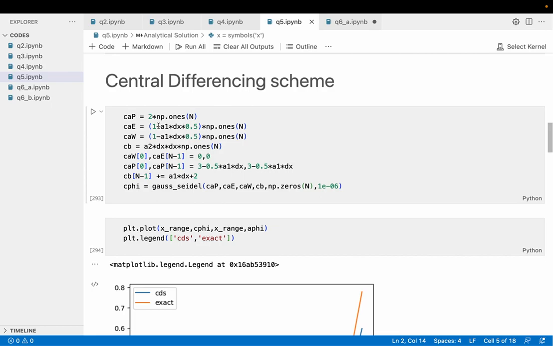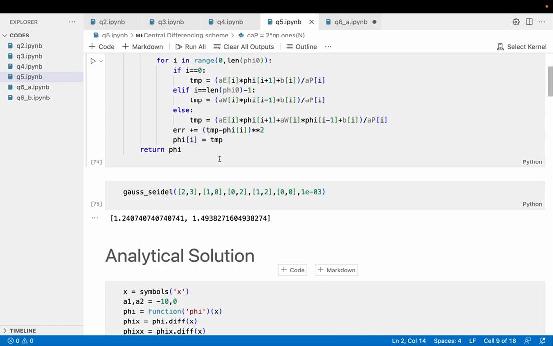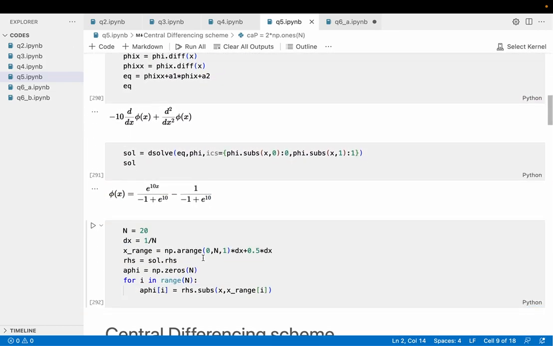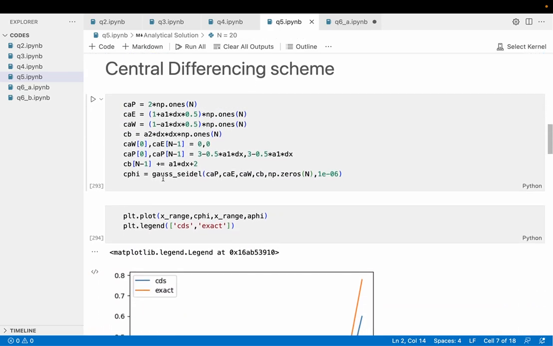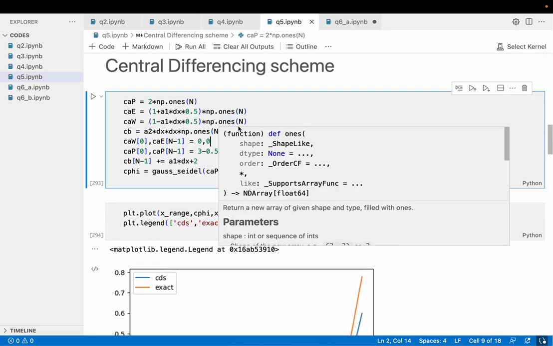So your east coefficient will have your diffusion plus your convection term, Fe by 2, and for the west coefficient you have minus Fw by 2, and AP is essentially the summation of these two. I've just considered around 20 cells.